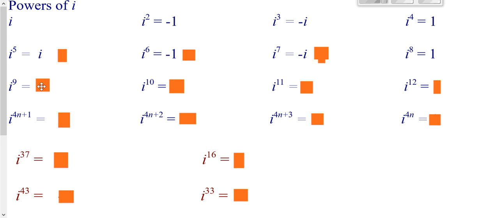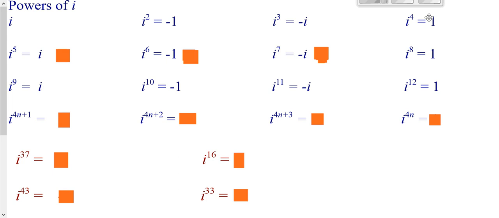So whenever you come along here, you could always write this as i to the fourth, and a plus i, which would be a 1 times an i. Here, this would be an i to the fourth times an i to the fourth times an i squared, so it would be 1 times that i squared, which is negative 1. Very similar along here. You can always write these as i to the fourth, which is always 1, and then you can go times what's left over if needed.